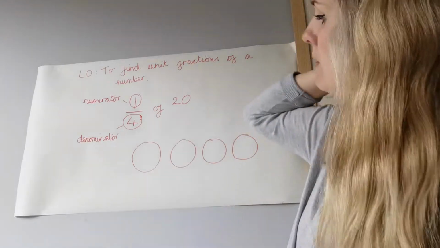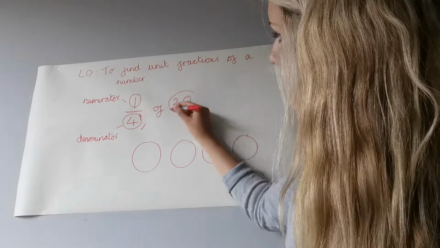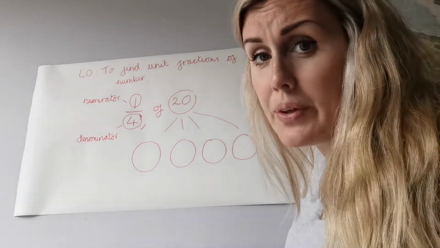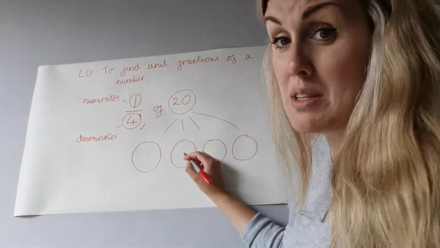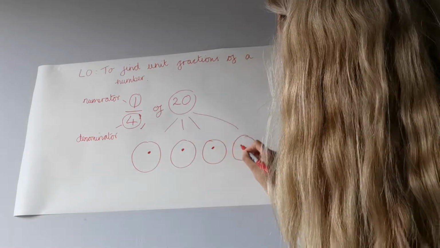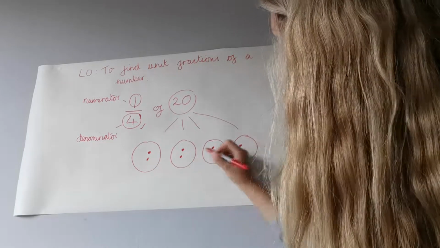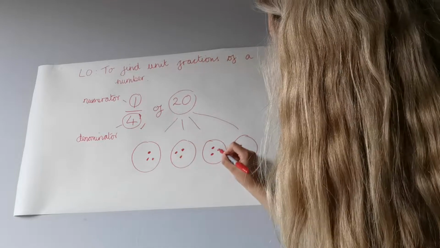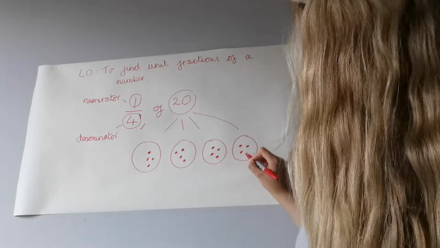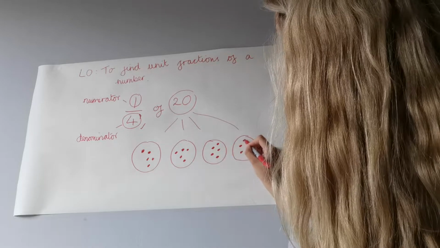So the next step: I've drawn out 4 groups, and I'm then going to share 20 between these 4 circles. I'm going to represent them as dots, and I'm going to do this bigger because I don't know if you can see them. 1, 2, 3, 4, 5, 6, 7, 8, 9, 10, 11, 12, 13, 14, 15, 16, 17, 18, 19, 20.